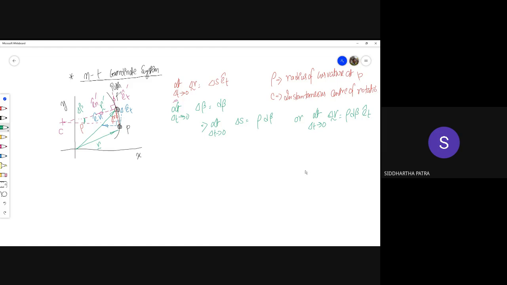So the velocity vector is r dot, which is s dot et, where s dot could also be written as v, the speed. I'm just trying to write multiple representations of the same quantity, which could also be written as rho beta dot et.